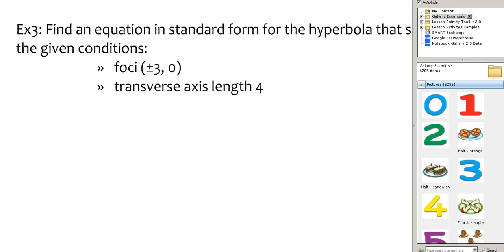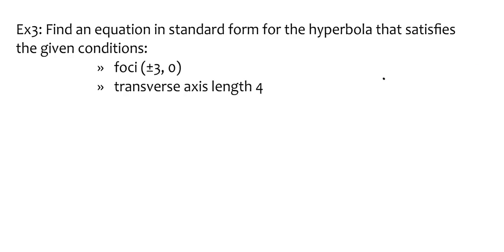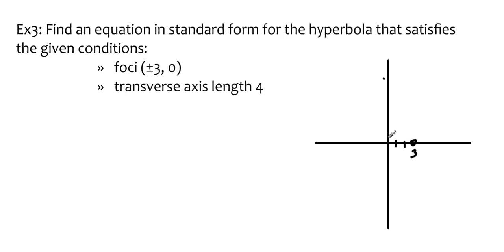Actually, I'll just sketch a graph for this one. Okay, so if our focus points are at plus or minus 3, 0, so there's one, there's our other focus point.